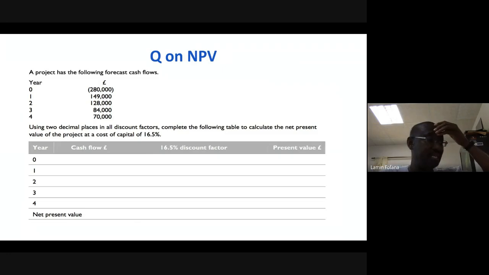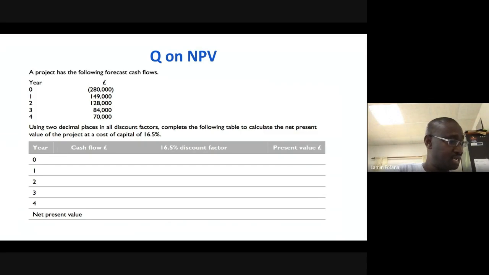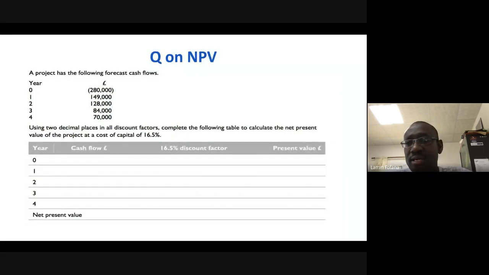So let's look at this interactive question 3. Please, if you don't have it, screenshot it so that we can go to our spreadsheet and answer it there. Interactive question 3, right? 280, 149, and so on. So I'm going to our spreadsheet and do it there.